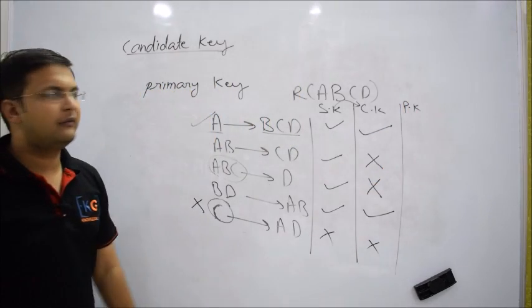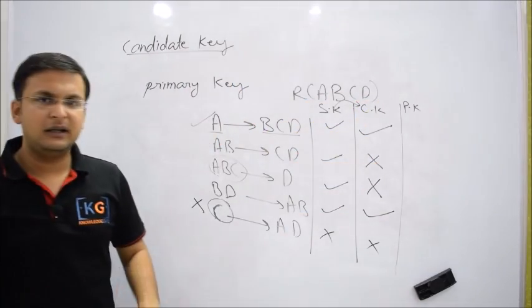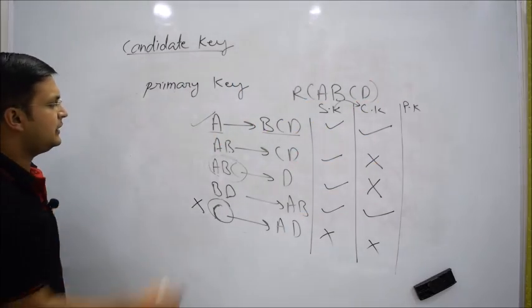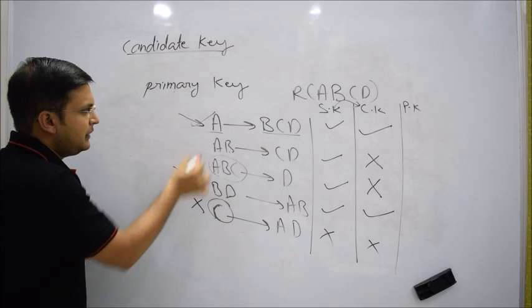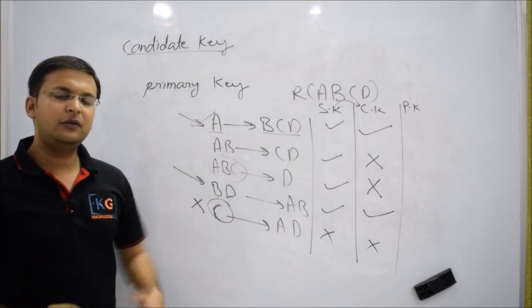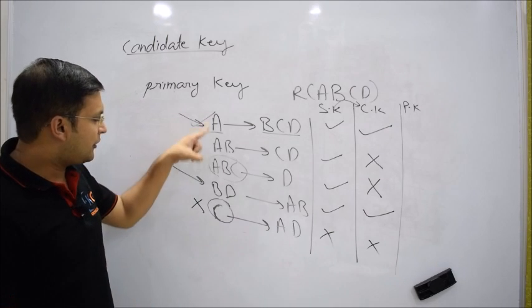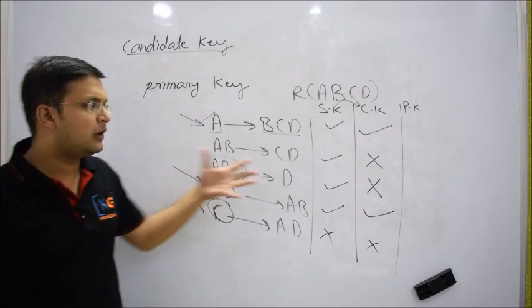There is no difference between a candidate key and a primary key technically. For example, in this particular case, you see A and BD both qualify themselves to become candidate keys. Now it is the duty of the database administrator to choose which of these candidate keys becomes the primary key.